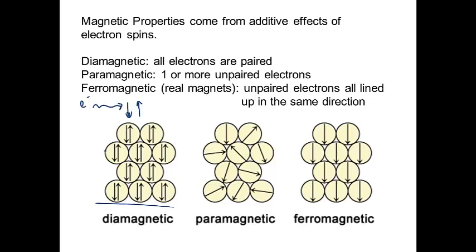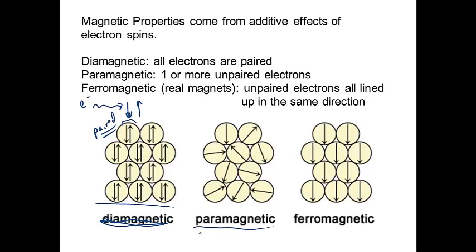And we can have electrons next to each other that are paired, and those paired electrons will have their magnetic fields cancel each other, because one will be going in one direction, the one right next door will be going in the opposite direction. In an atom that has all paired electrons, that atom is diamagnetic, in which case it's not attracted to a magnet. It doesn't have an overall magnetic field. It's actually slightly repelled by a magnet.